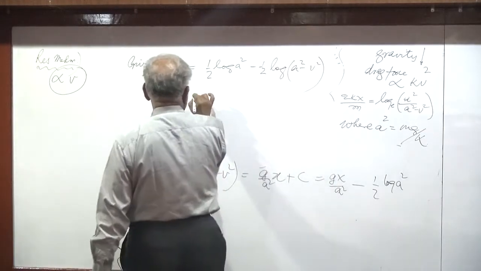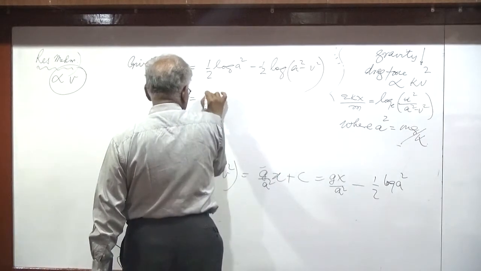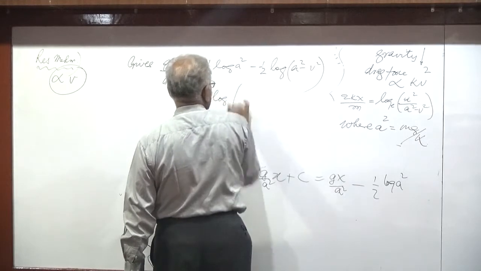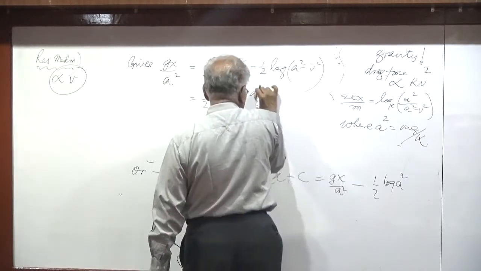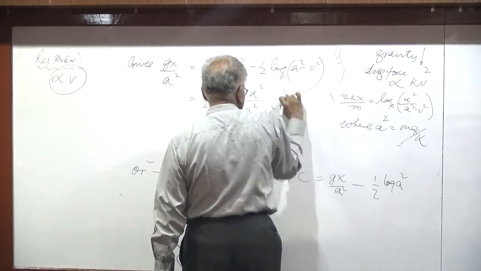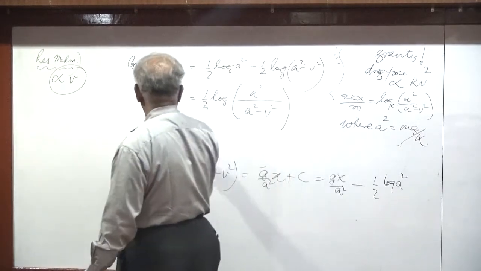This is nothing but half log a square over a square minus v square. That is gx over a square.